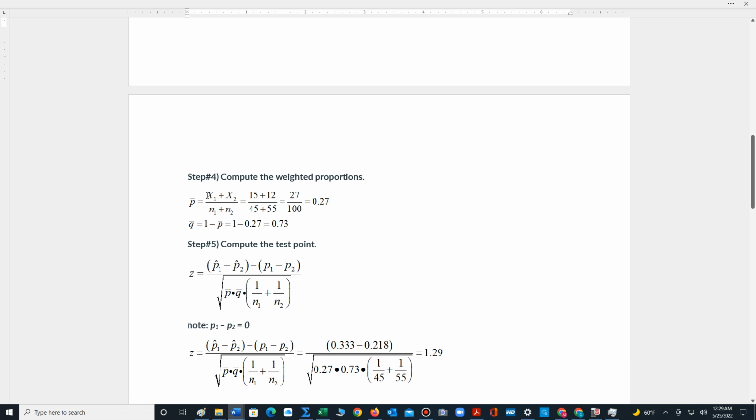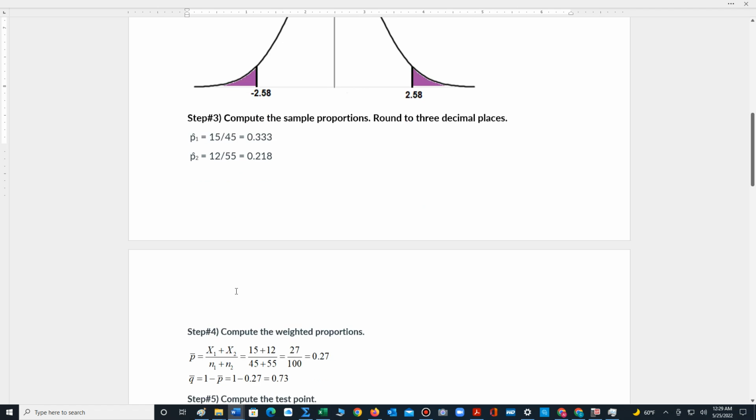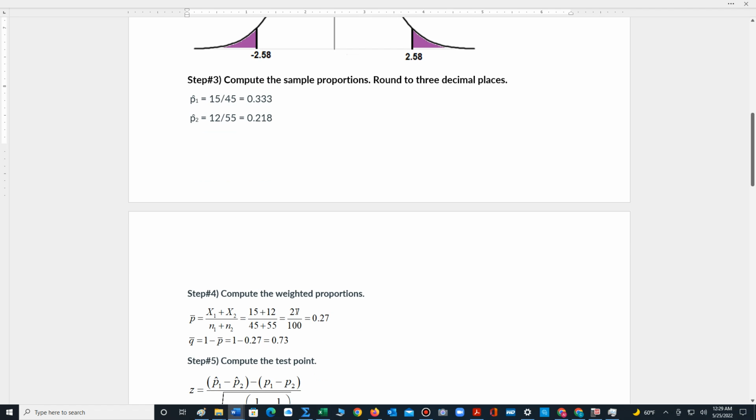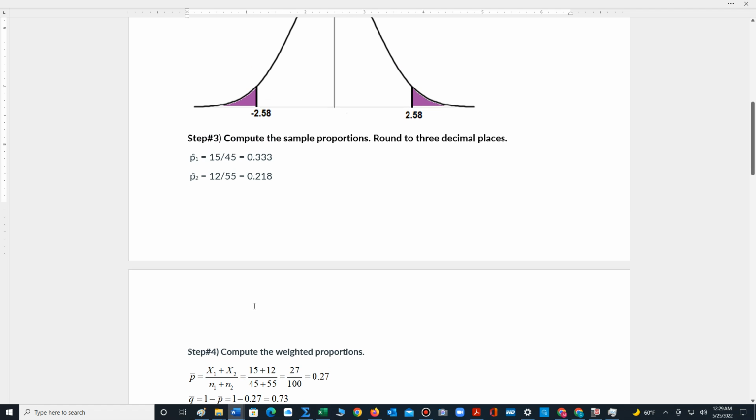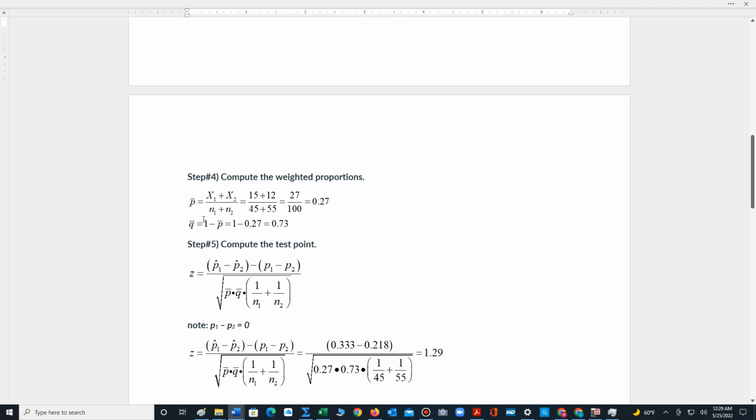P bar is the sum of the two X values, 15 and 12, which adds up to 27. And then the sum of the sample sizes is 45 and 55, which is 100. So P bar is 0.27. We also have to compute Q bar. Q bar is 1 minus P bar. 1 minus 0.27 is 0.73.